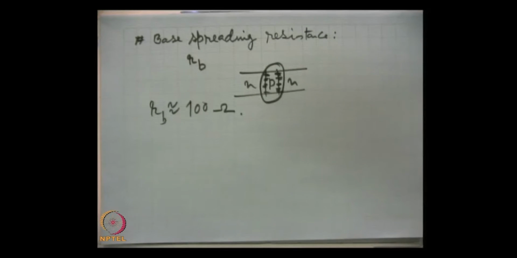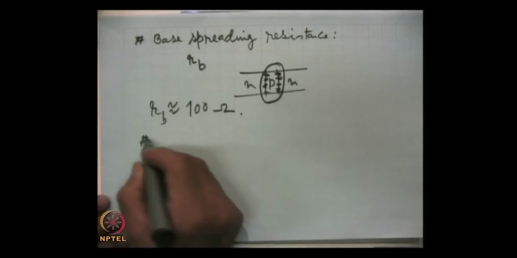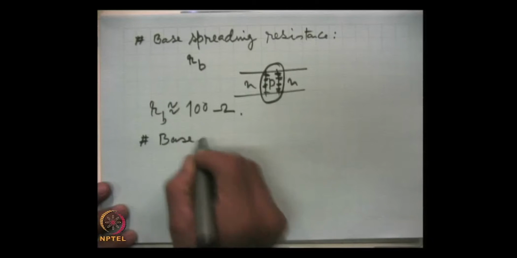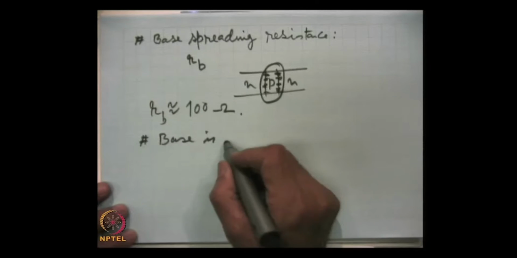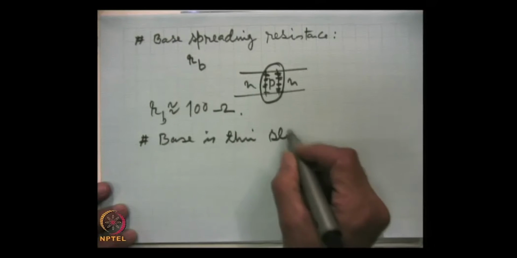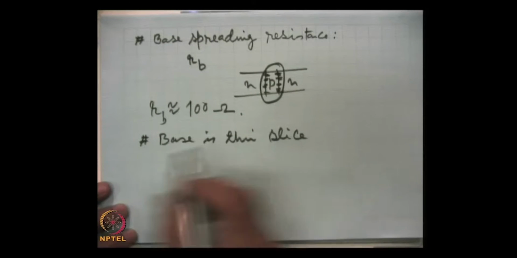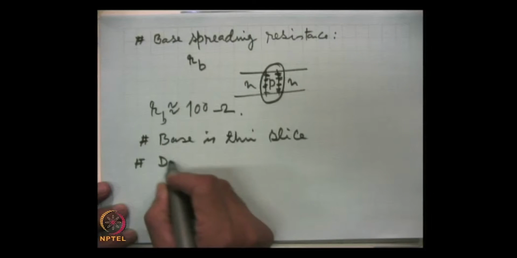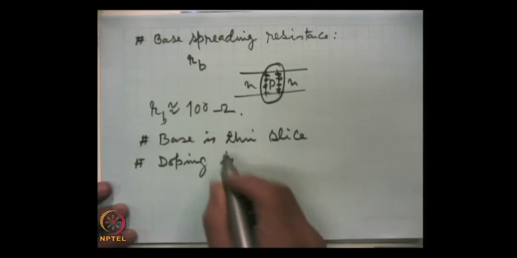I hope you have understood what base spreading resistance means, and what gives rise to it. Base spreading resistance comes from the fact that the base is narrow, a very thin slice, so the dimensions are very small, and doping is very light.